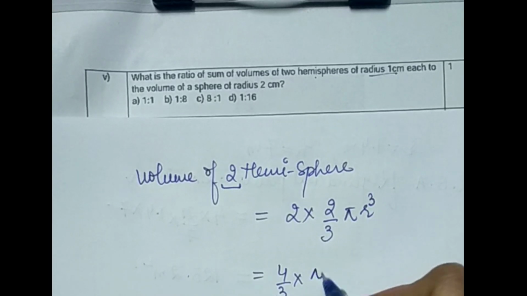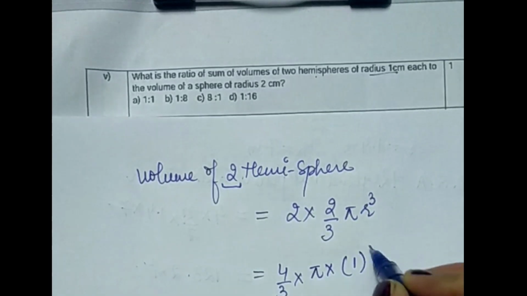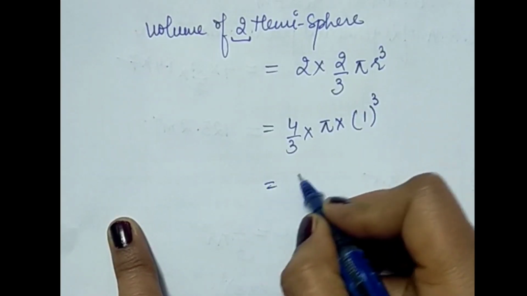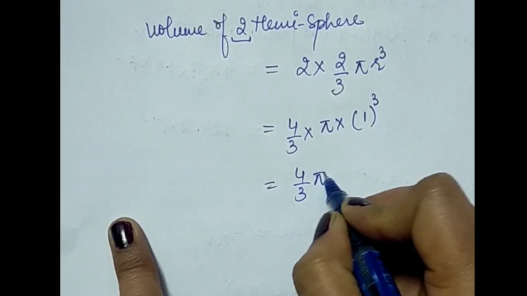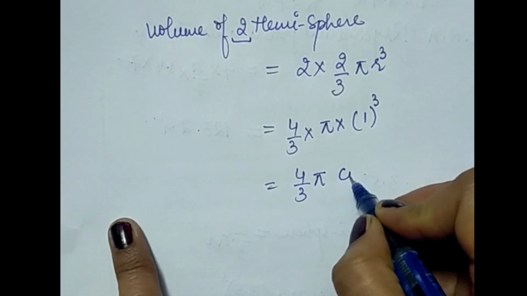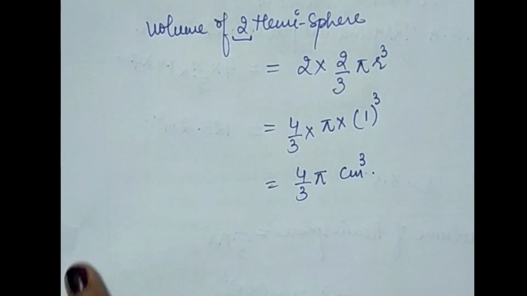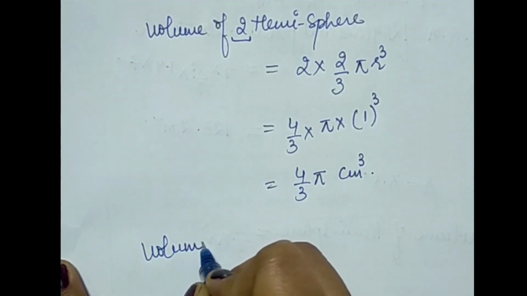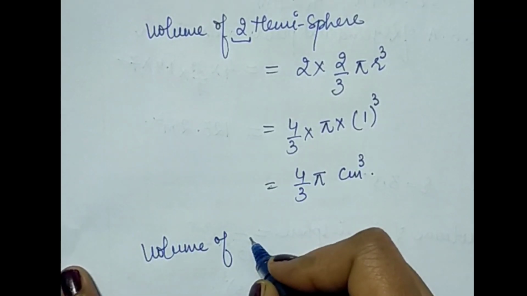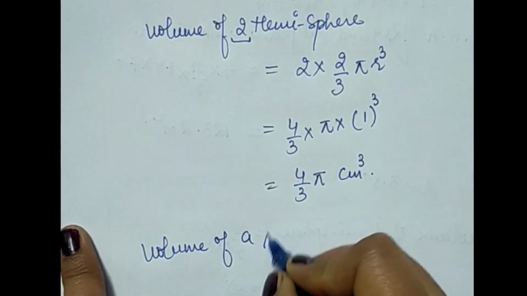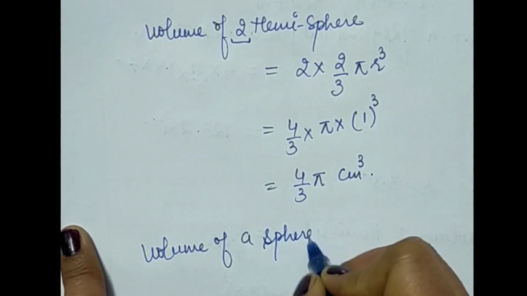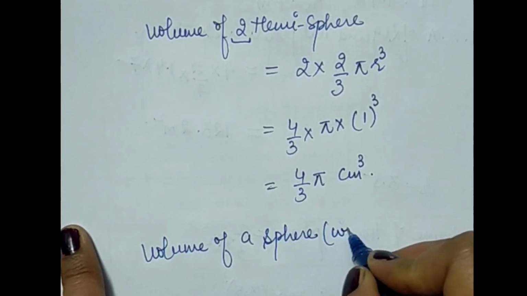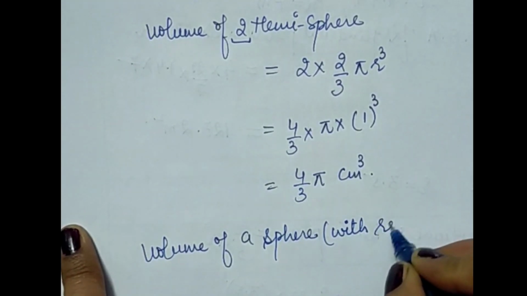So pi, let it be like this only, because in ratio we usually cut it, so there is no need to solve it. So we are left with this much unit cube, centimeter cube. Next we have to find out volume of a sphere with radius 2 centimeter.